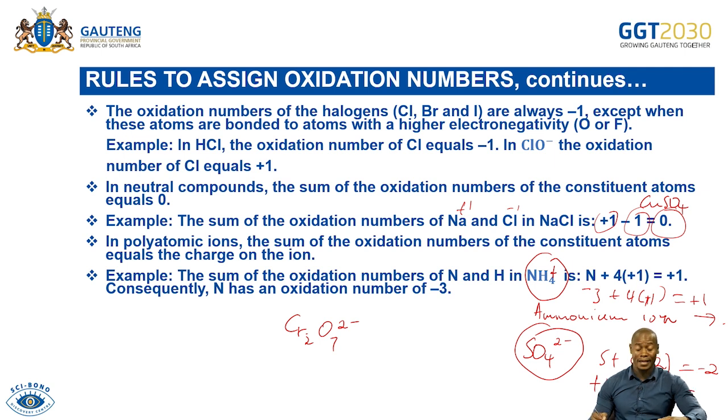So what should I get there? 4 times negative 2, it's going to be negative 8. And negative 8 plus 6 is negative 2. So that is the rule of polyatomic ions, right? In polyatomic ions, the sum of oxidation numbers of constituent atoms equals the charge on the ion.